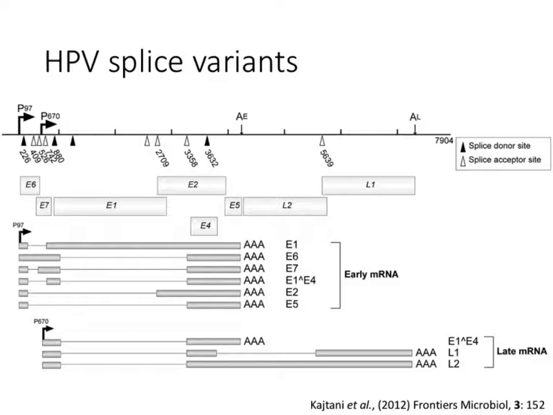So from here to here contains the open reading frame that would actually be translated. The rest of that sequence would just be part of the 5' untranslated region or the 3' untranslated region.